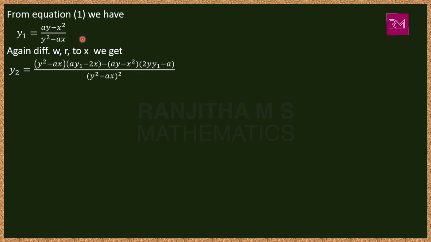What's the quotient rule? Denominator into derivative of numerator minus numerator into derivative of denominator, divided by denominator whole square.